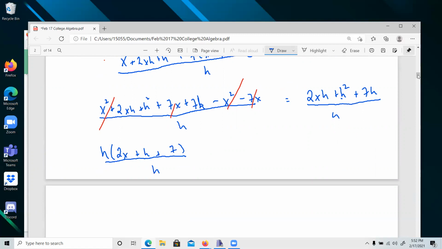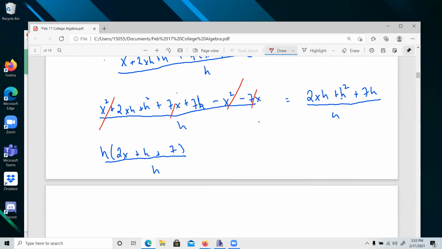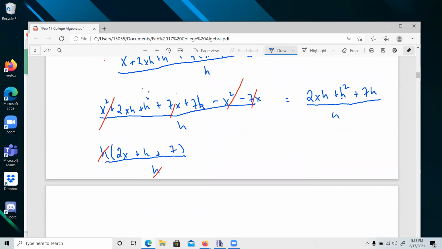The reason I do it this way is because I don't want to cancel the first h and then forget about the rest of them and just move on with my life. I don't want to just cancel these two, and then these last two are just hanging out. No, we have to pull an h out of each term, and then you can cancel. Again, third mistake people always make: you cancel the first one, you say, great, I'm done.